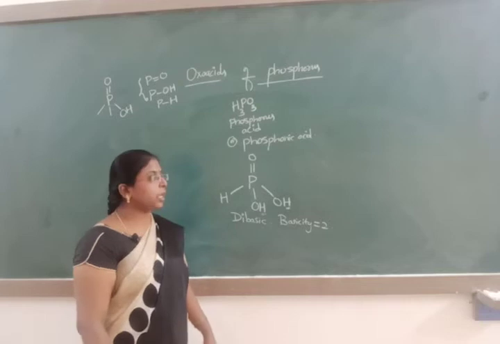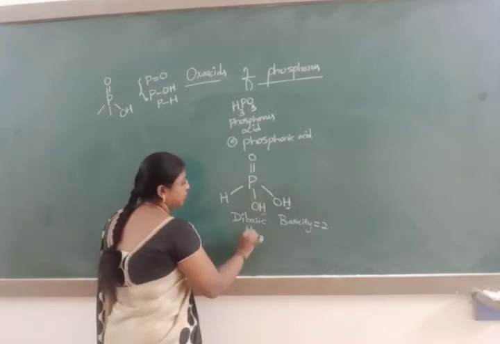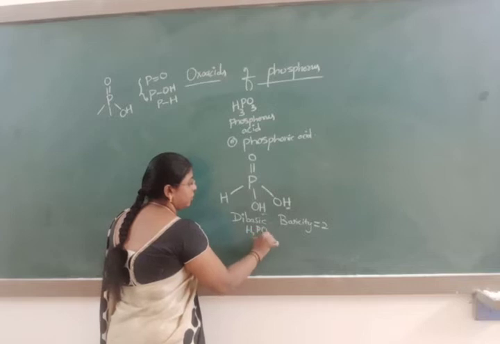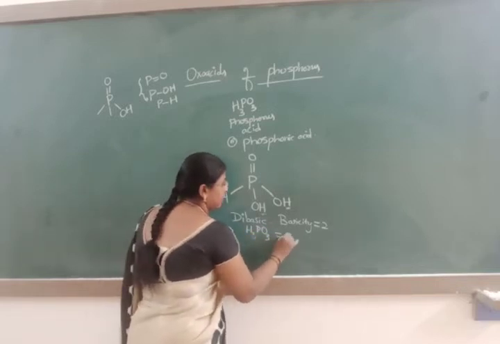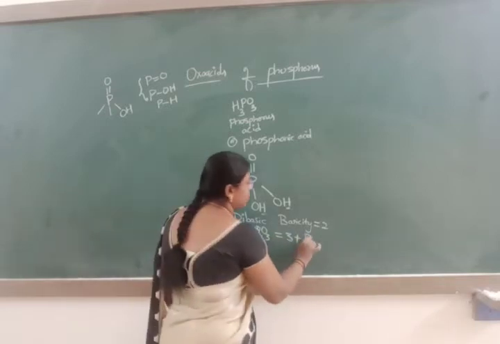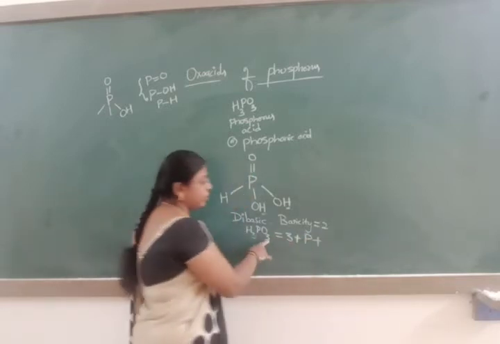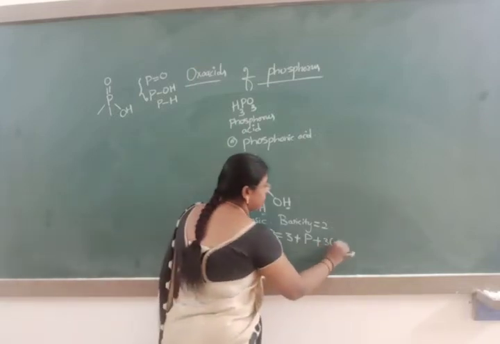And how to calculate the oxidation state here? H3PO3. There are 3 hydrogens, phosphorus is unknown, let us write it as P, and 3 oxygens, 3 into minus 2.